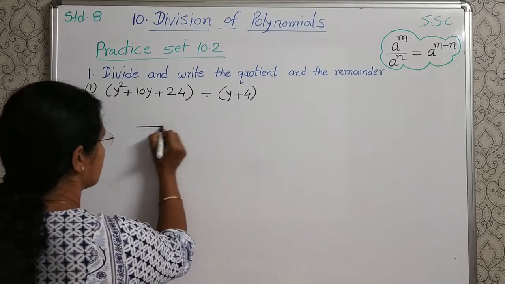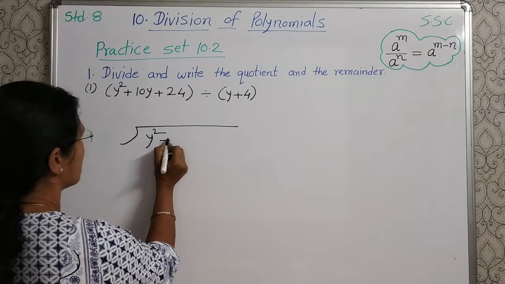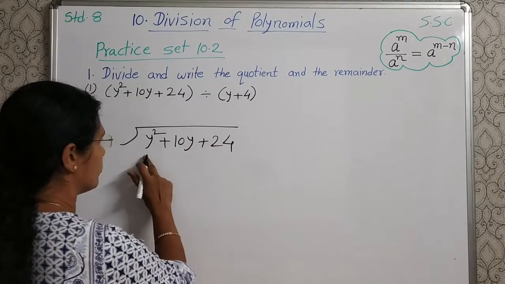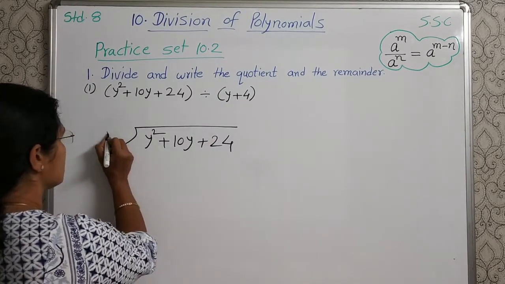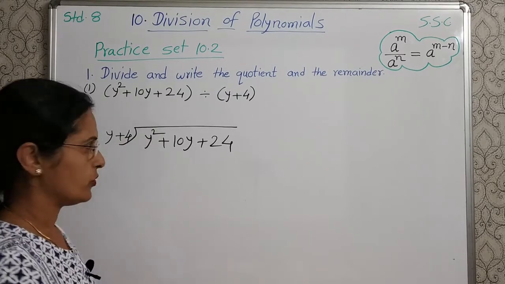Let us write y square plus 10y plus 24, the dividend, divided by y plus 4. The divisor is y plus 4.